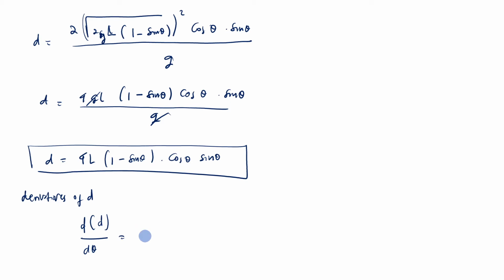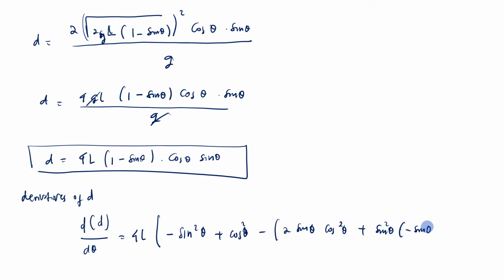For l with the constant value, we can take it outside of the bracket, and this is the derivative of d: cos theta squared minus 2 sine theta cos theta squared plus sine theta squared times minus sine theta. We can get the maximum and minimum of d when the derivative of d equals 0.